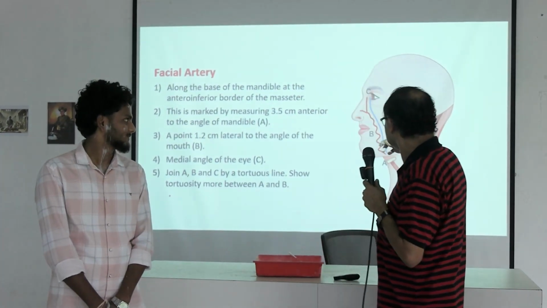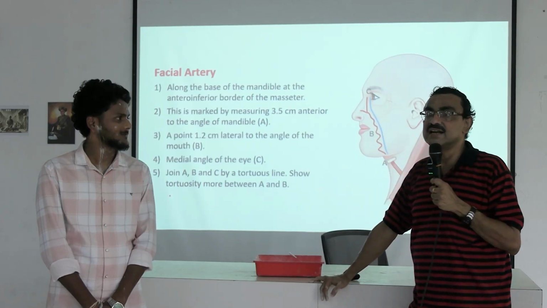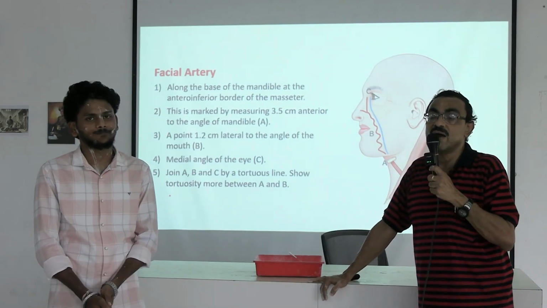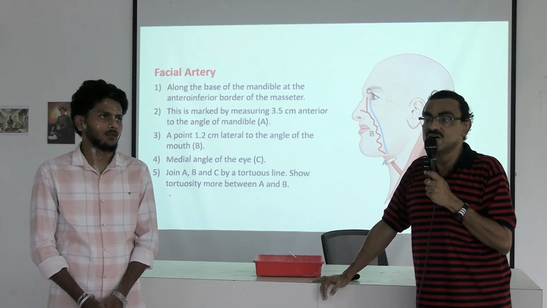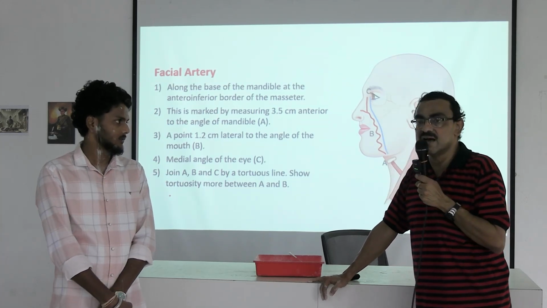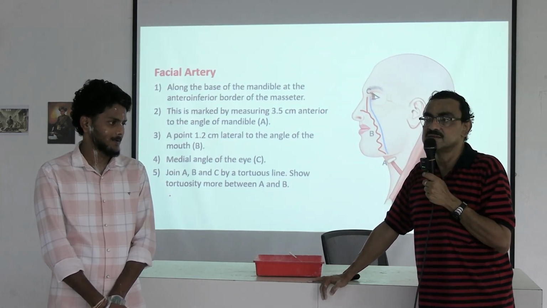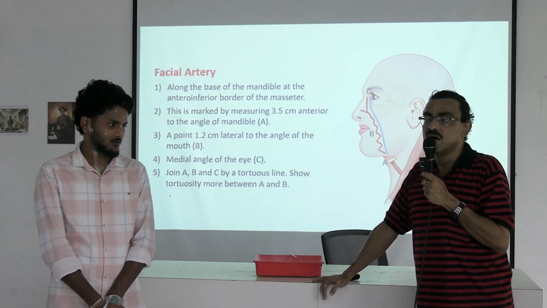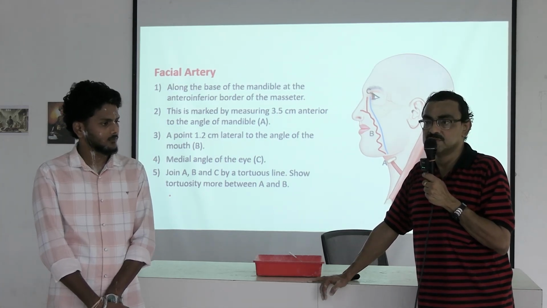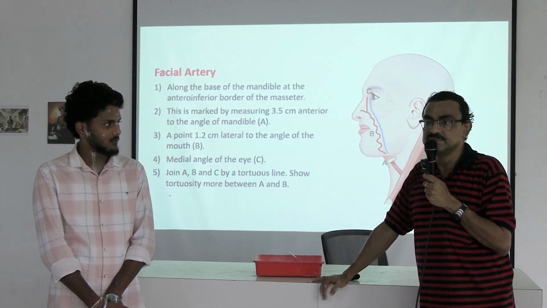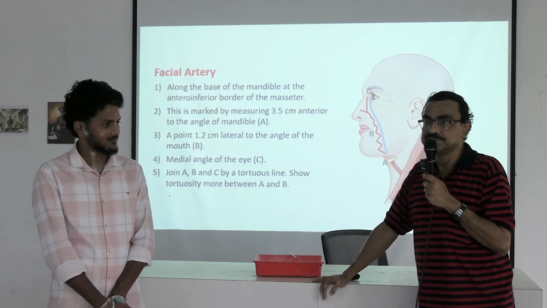See here, facial artery is tortuous, whereas the facial vein is straight, because the vein is towards the axis of the temporomandibular joint. So there is least stress and strain over the vein.